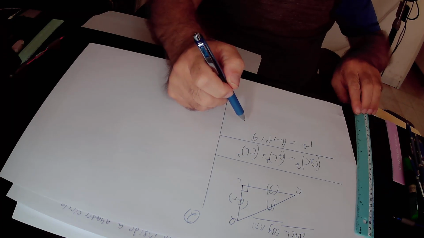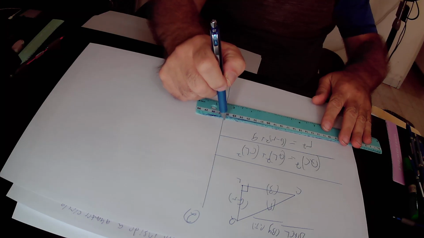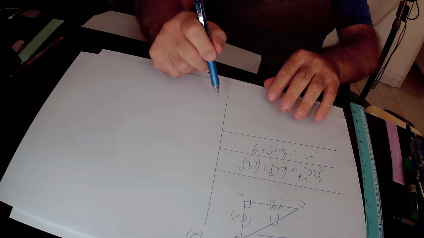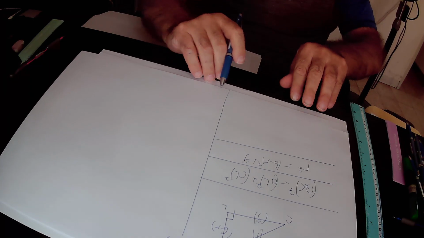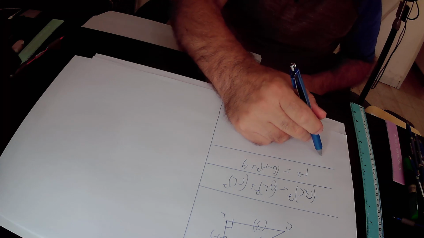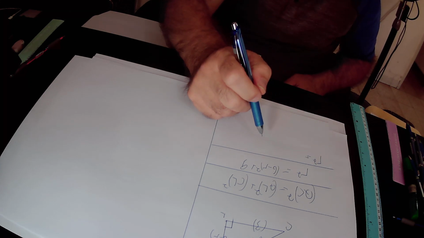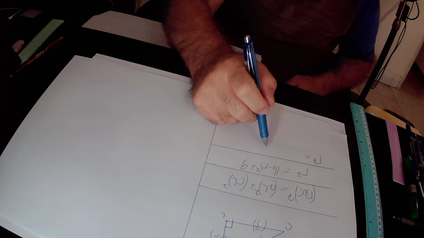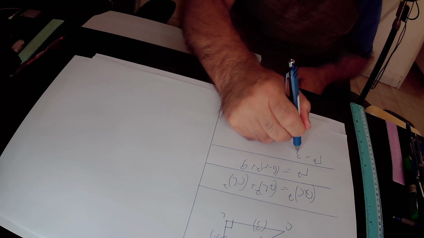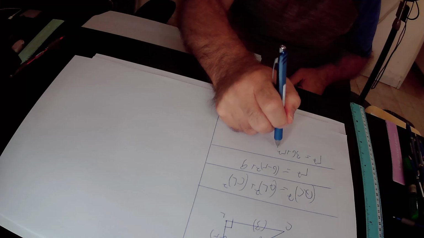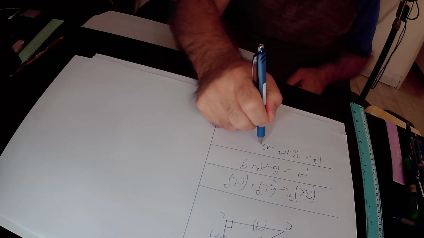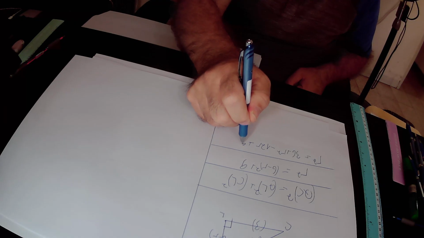So in total, we find that R squared equals 6 minus R squared plus 9. Here we open the brackets on this side of the equation and we get that R squared equals 36 plus R squared minus 2 times 6 times R, that is minus 12R, plus 9.